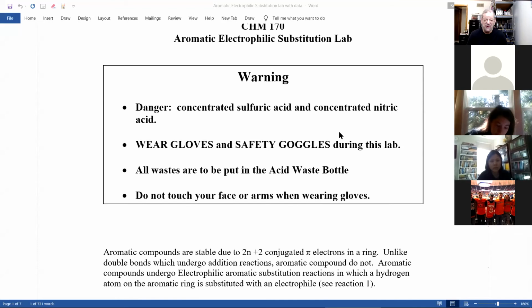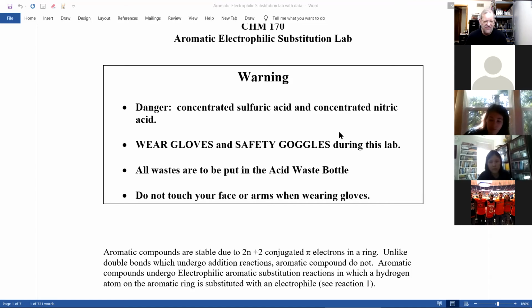If we were face-to-face, I'd be telling you this. Today you're going to be using concentrated sulfuric acid and concentrated nitric acid, which are very hazardous chemicals. However, hazardous chemicals are to be handled safely and never feared. If you handle them safely, you'll be all right.